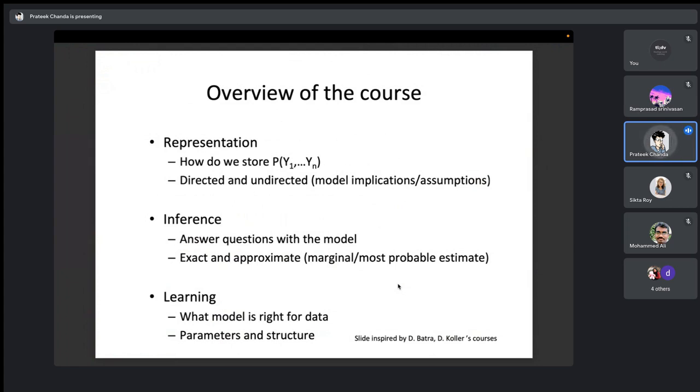And the third is learning: learning the parameters of the model, the structure, and since you have various forms of data, which model you should apply to a particular data type. That also comes from the learning aspect.